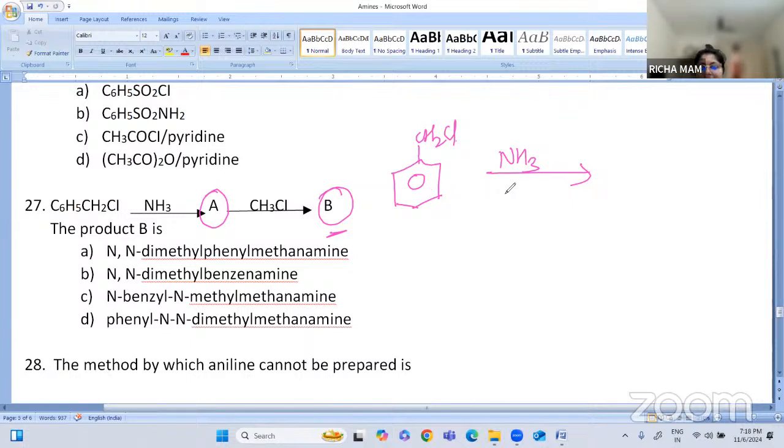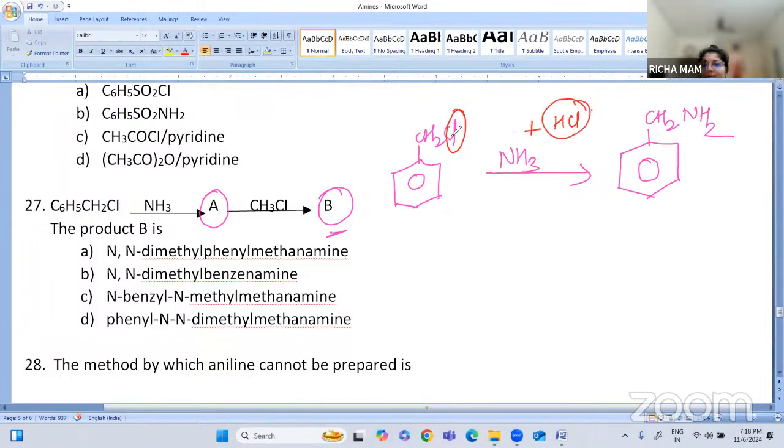Benzyl chloride, when you react it with NH3, the Cl will be replaced by NH2, and HCl will be the product. So this Cl and one H form HCl. So this is A.